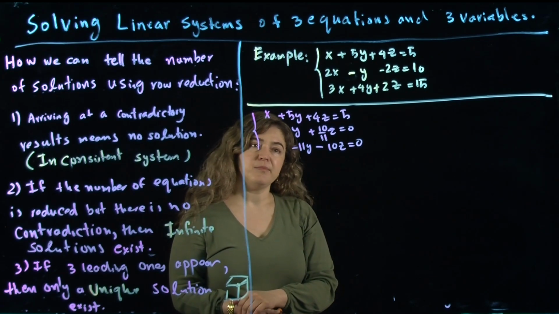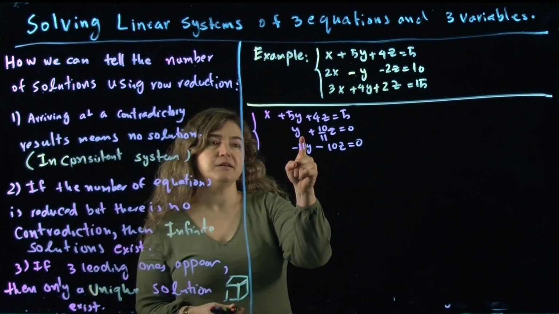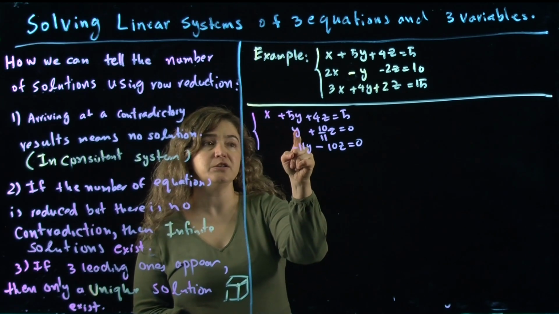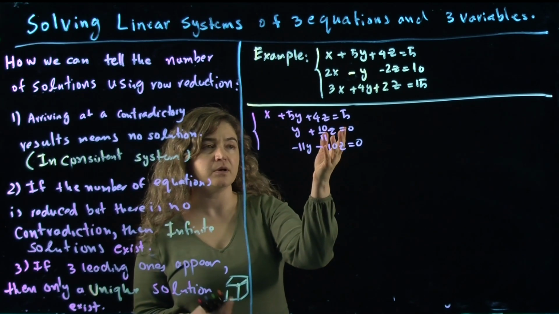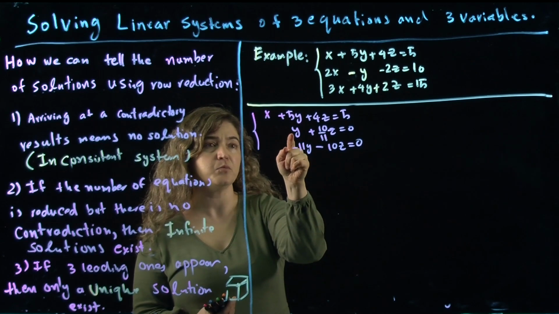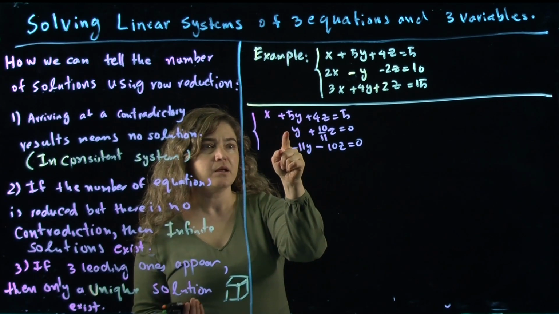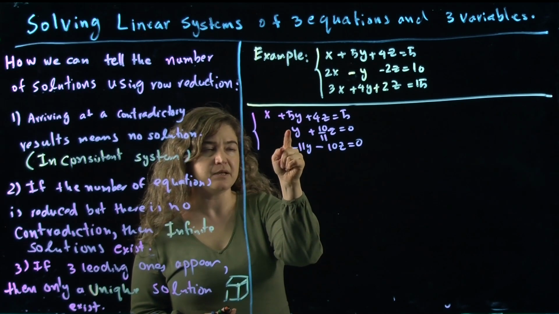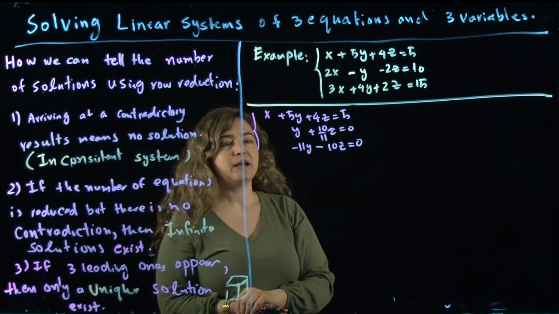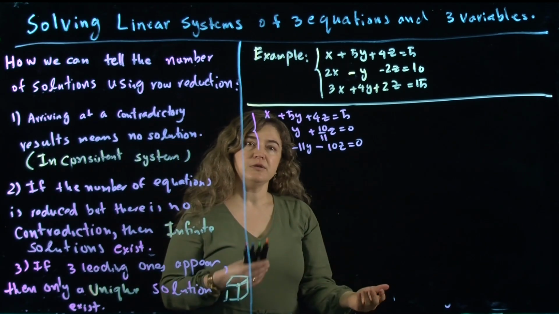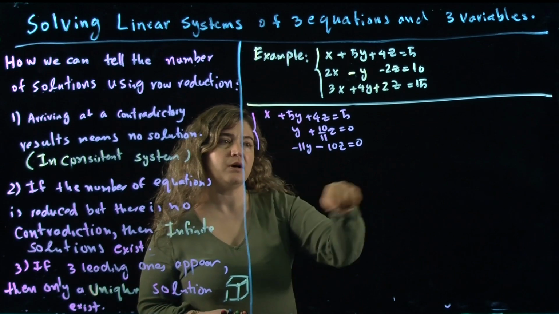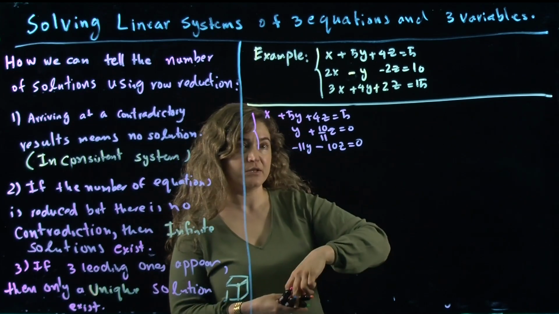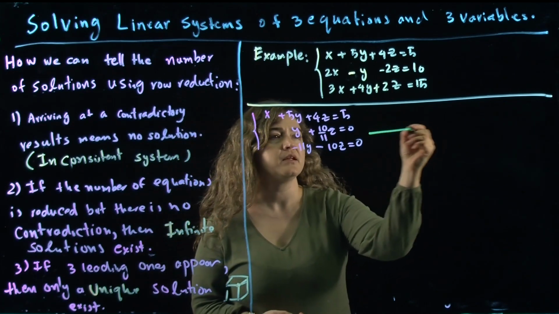So the next step is to eliminate y underneath the y with the leading one. How do we do that? Use that leading one to eliminate y in the third row.